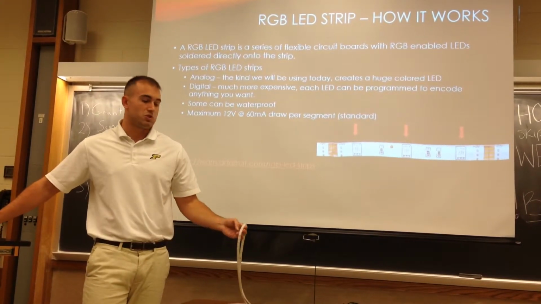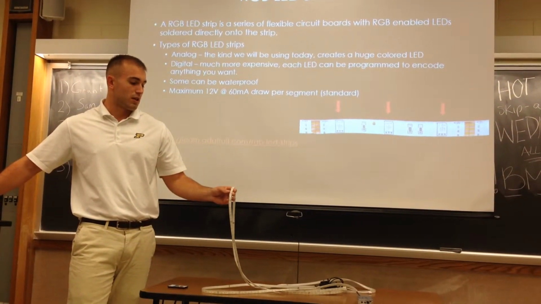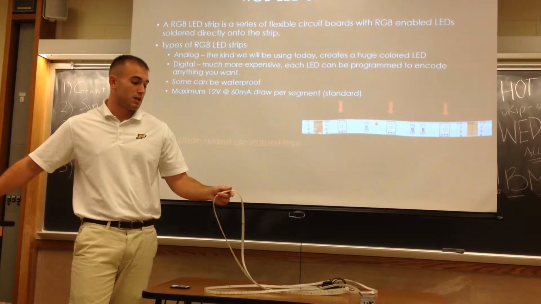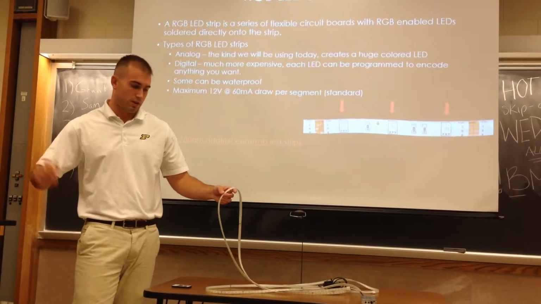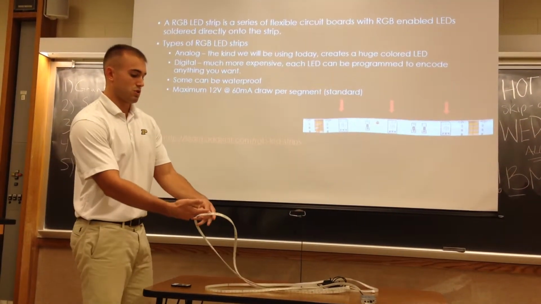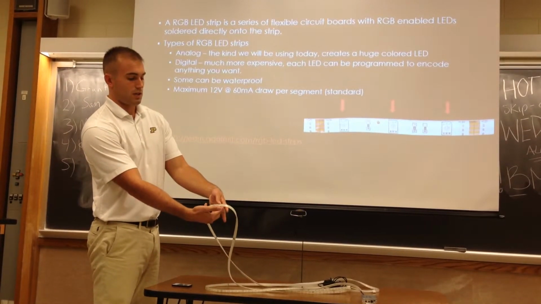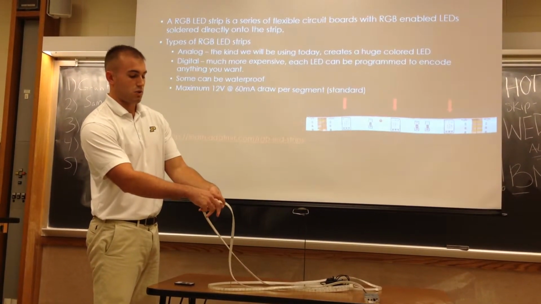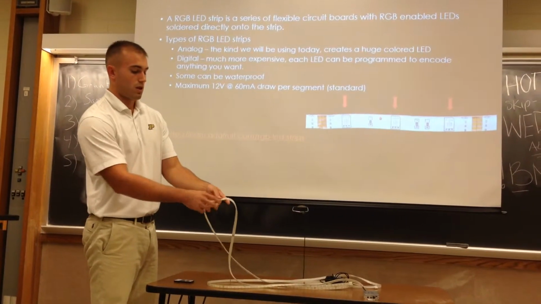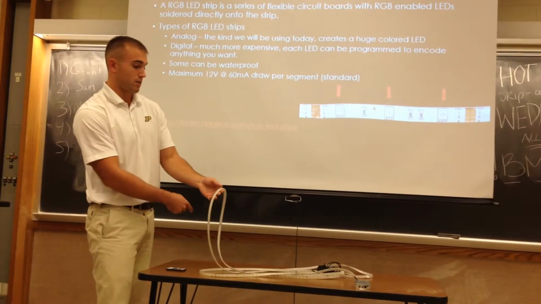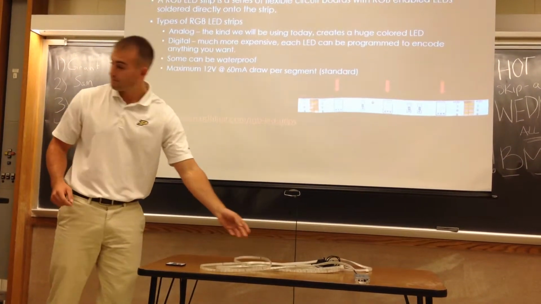This one in particular is a waterproof one. This allows you to place it in any kind of environment that has liquids or anything like that. And on here, there are essentially 3 sets of LEDs, and each one of these is its own flexible circuit board. And that's what combines the entire length of this 16-foot circuit.